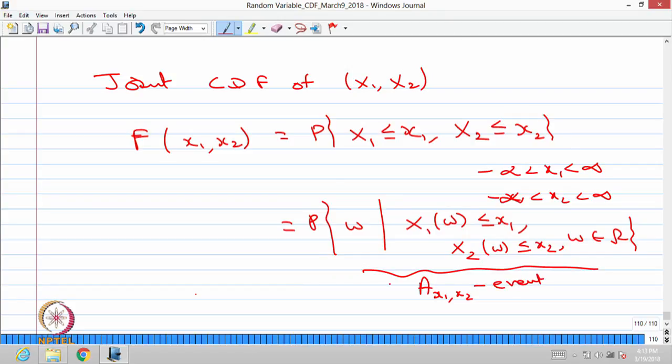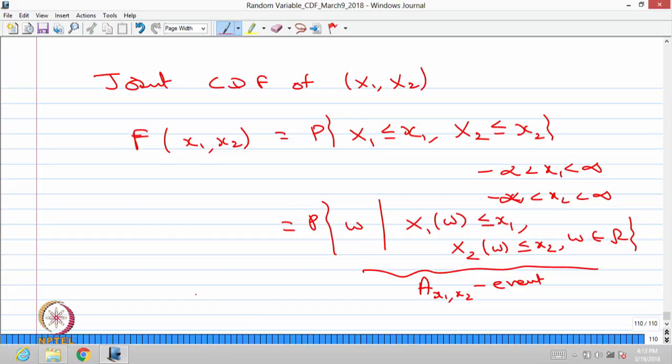That means for the probability of an event, by using the Kolmogorov axiomatic definition, P of any event is always greater than or equal to 0, P of omega is equal to 1, and P of union of Ai's is equal to summation of P of Ai's, as long as the Ai's are mutually disjoint events. With the same logic, the P of any event obtained from the different values of small x1 and x2 is also going to satisfy the Kolmogorov axiomatic definition.